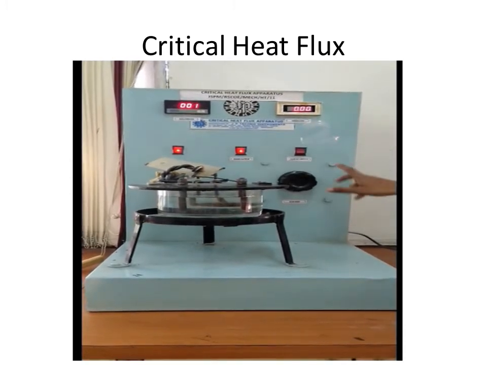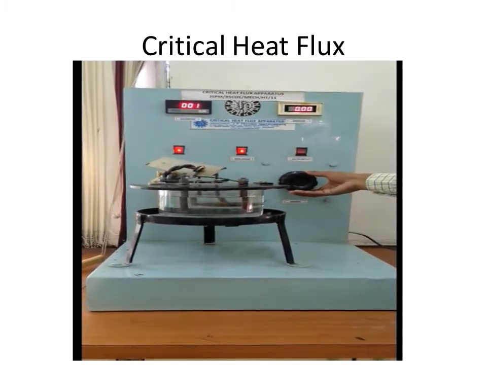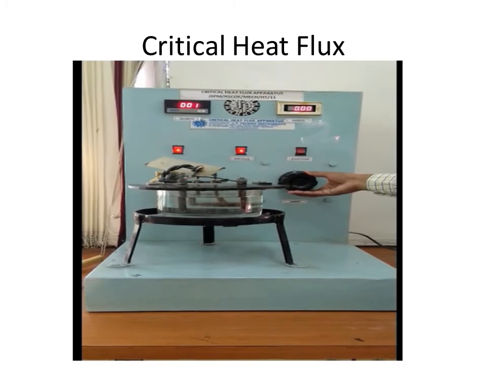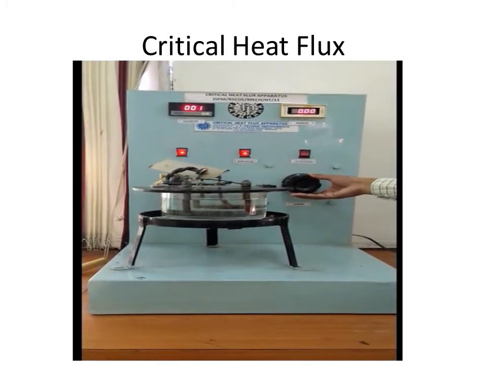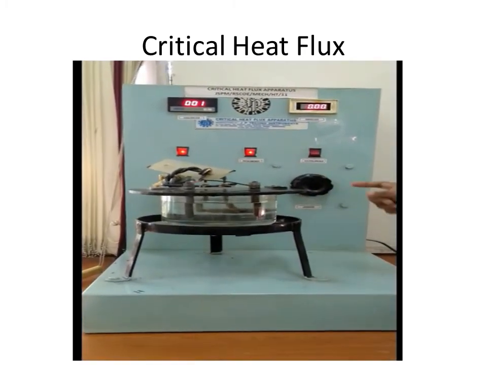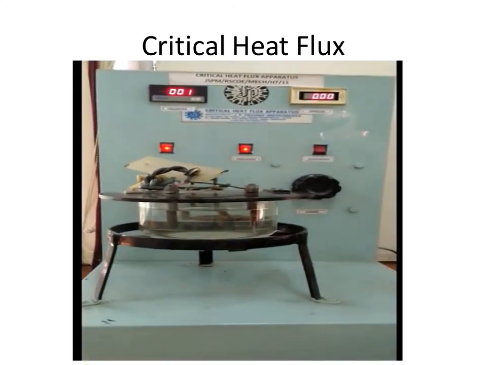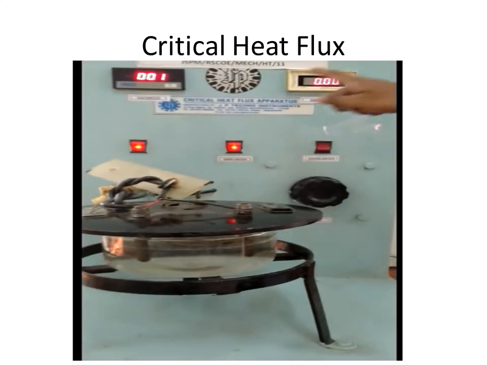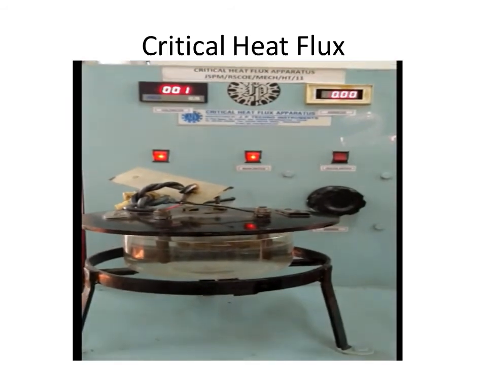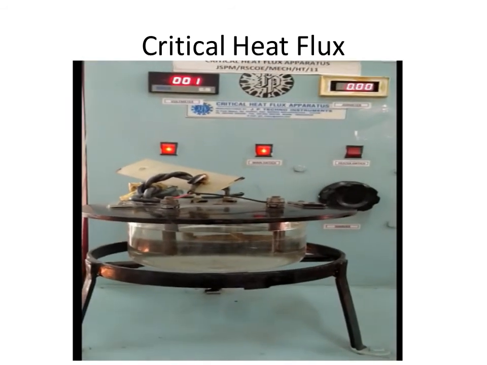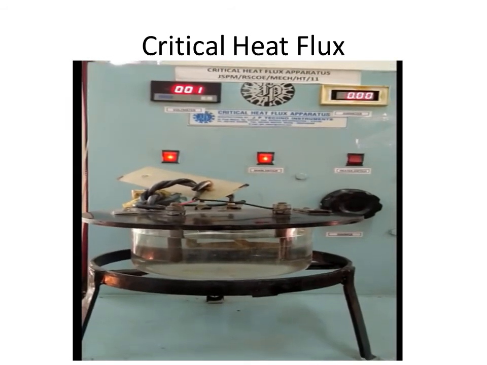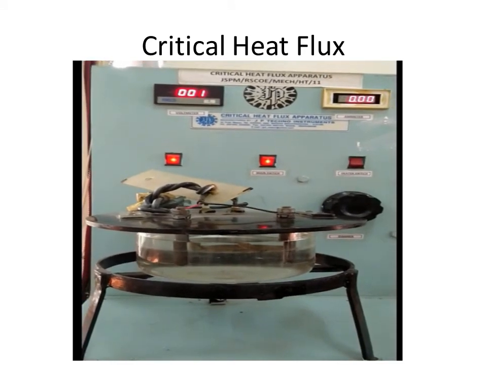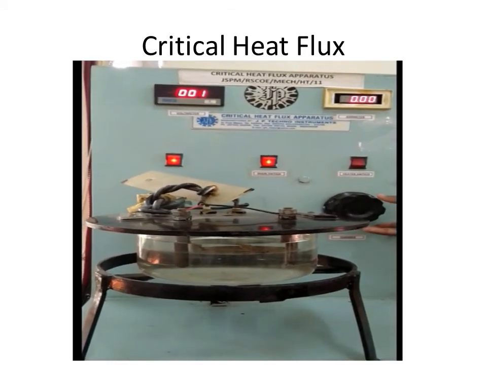Now slowly you have to increase the dimmer, or provide voltage and current. You have to see the changes that happen inside the wire. One more thing, you have to watch voltage and current also, because at the moment when the wire melts or breaks, you have to capture that. That moment is very important.